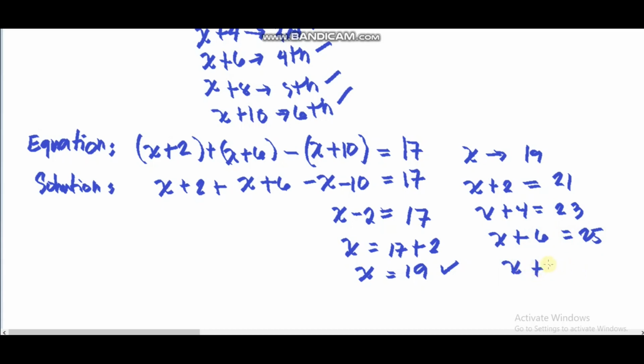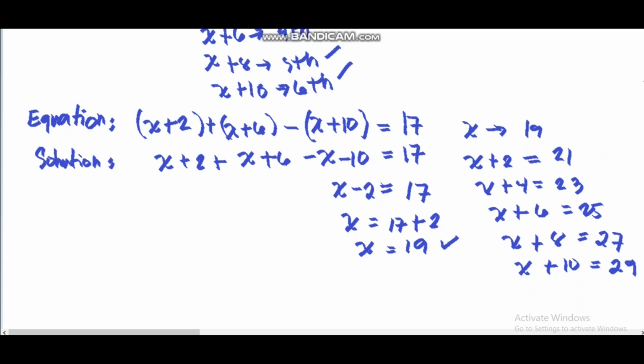X plus 8, 27. X plus 10 will have 29. So, considering that x is 19. Substituting like this is easier than guessing, because guessing will not get it right.